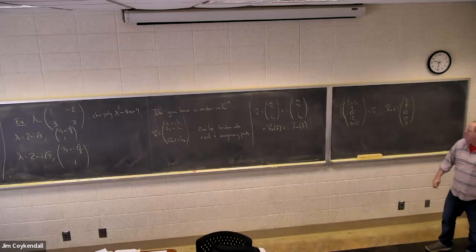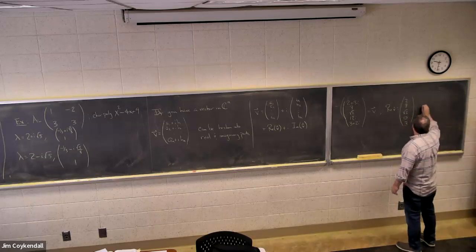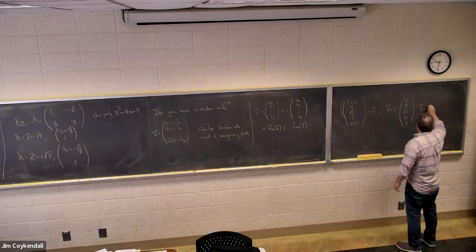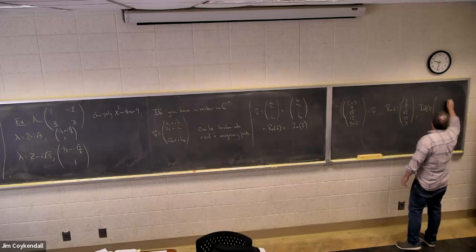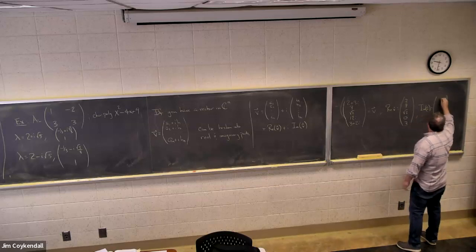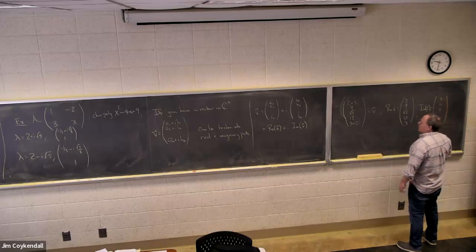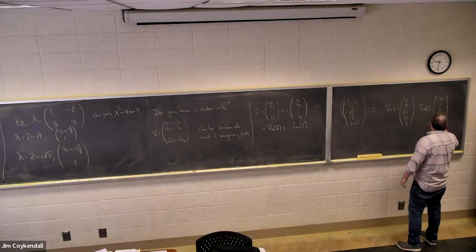And the imaginary part for this particular example will be 3, 0, 0, 12, 2.